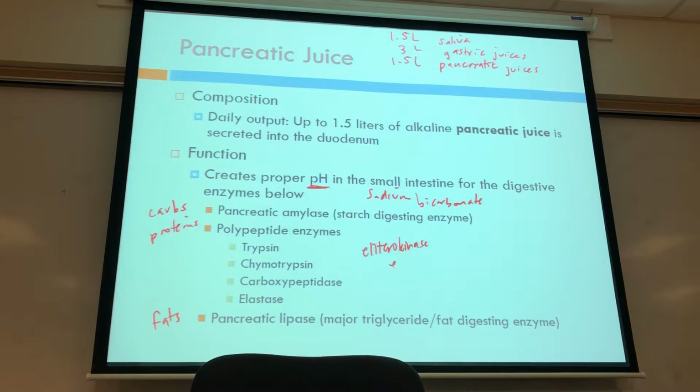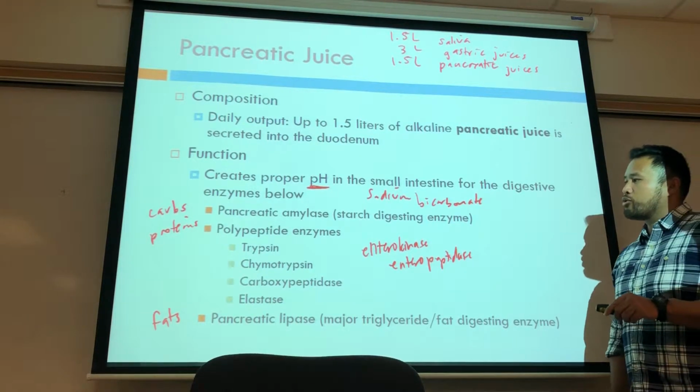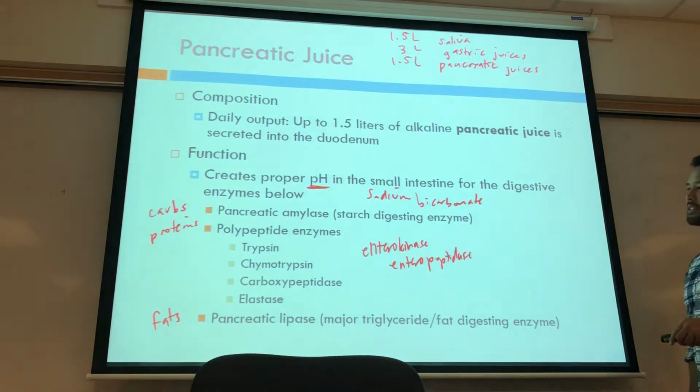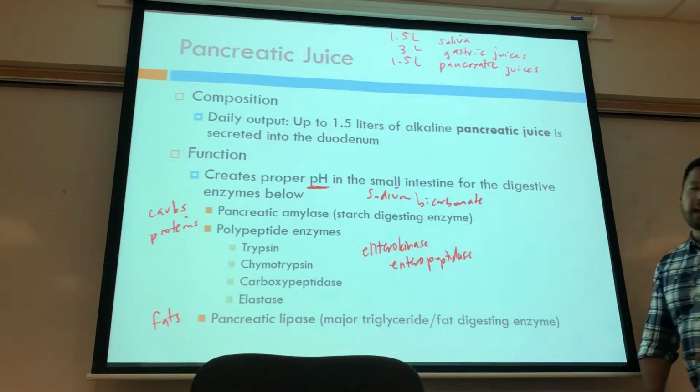or also known as enteropeptidase. So there's actually 5 enzymes: trypsin, chymotrypsin, carboxypeptidase, elastase, and then lastly enterokinase.